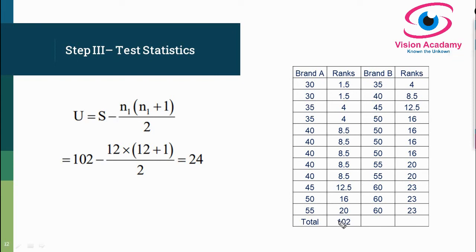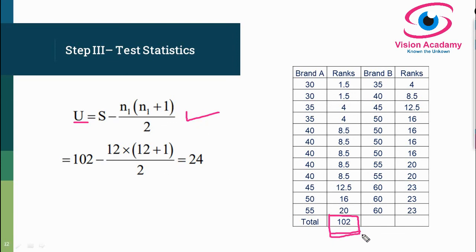So here is the formula for N1. I have considered the N1 formula. So U is equal to S minus N1 times the bracket N1 plus 1 bracket close, divided by 2. S means the combined rank sum of N1, and N1 is the number of observations.